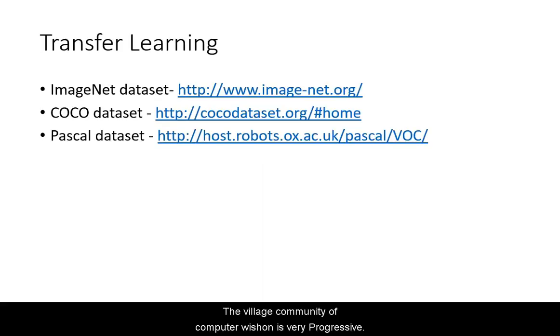The computer vision research community is very progressive, and they actually post a lot of datasets on the internet. For example, we have the ImageNet dataset, the COCO dataset, the Pascal dataset, and there are many more datasets also available in the Kaggle community.